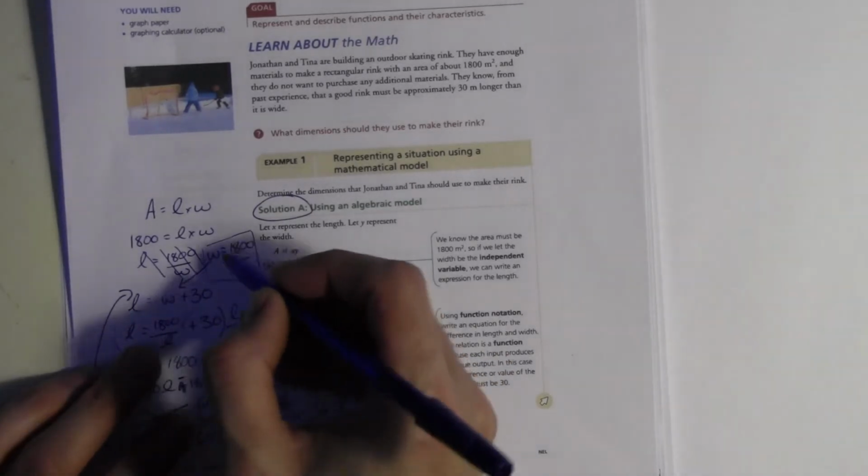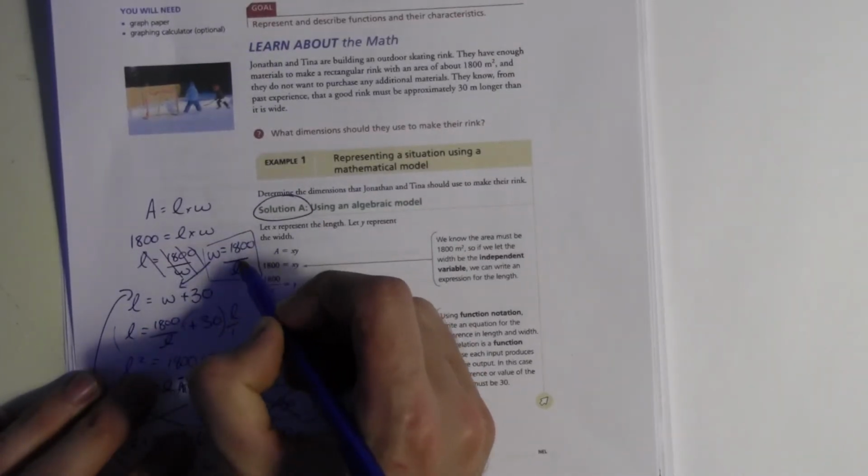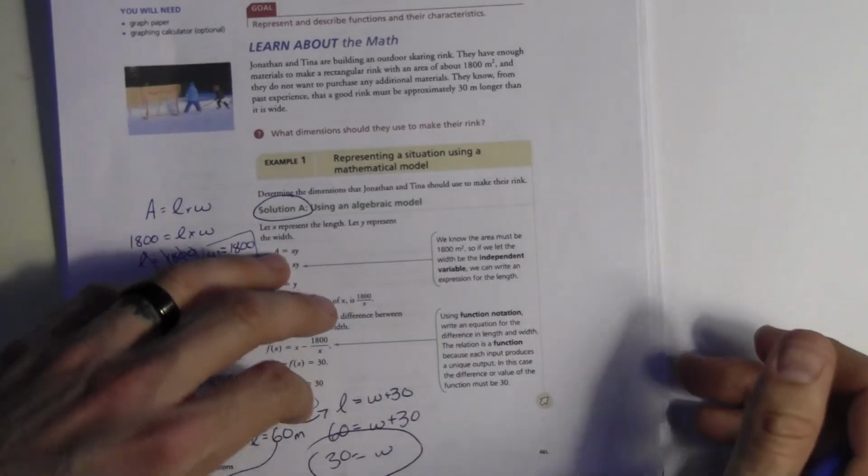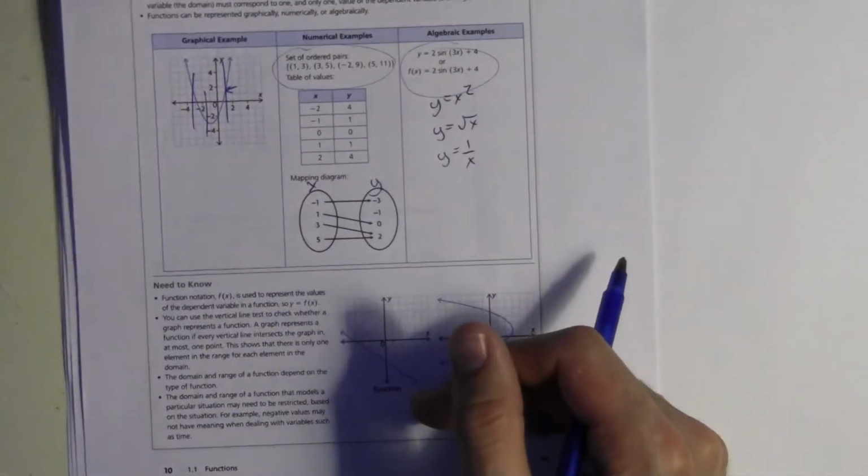Sorry, 1800 over L. Yeah, so see this arrow here? I'm taking this value for W, 1800 over L, and I'm plugging it in for W. Okay? Maybe if you want to go back to the first one, we'll finish the summary and then I'll go back, okay, at the very end.